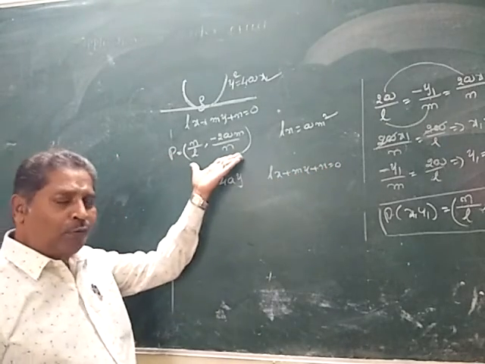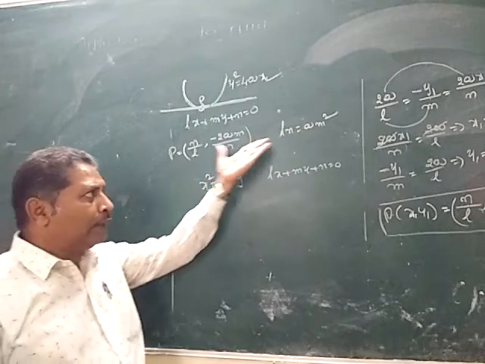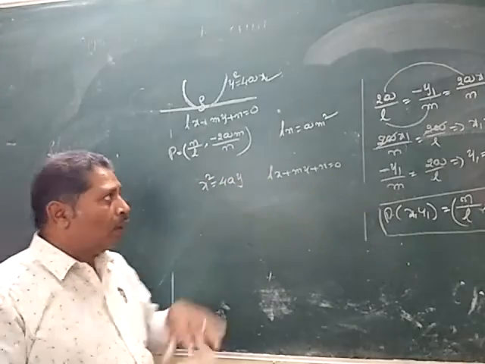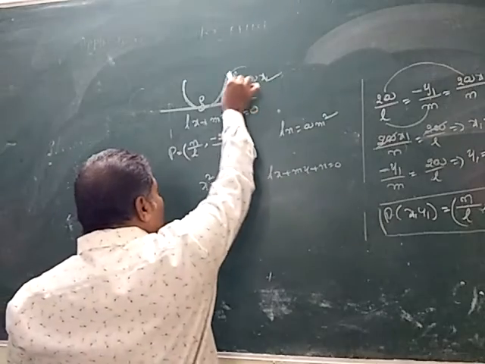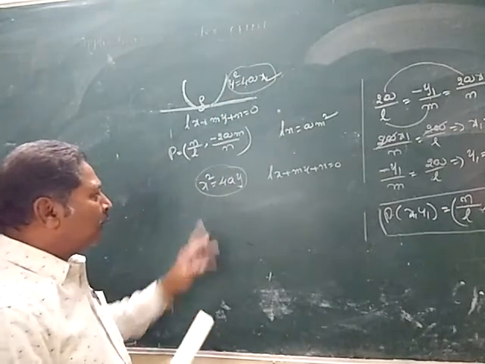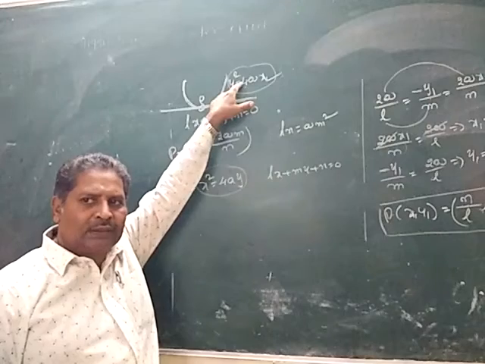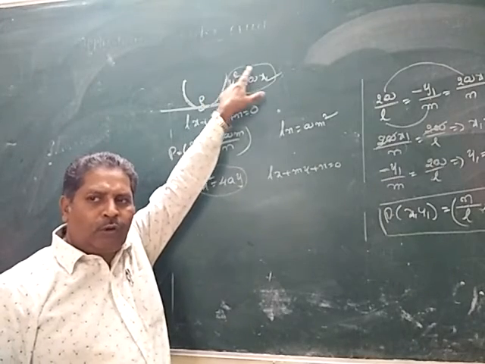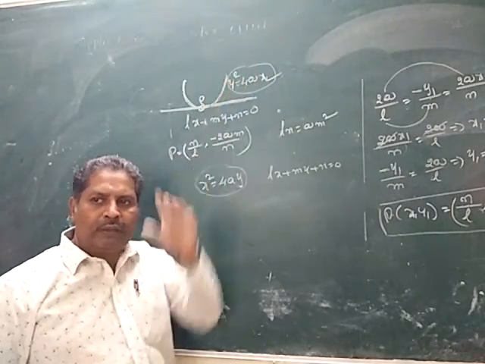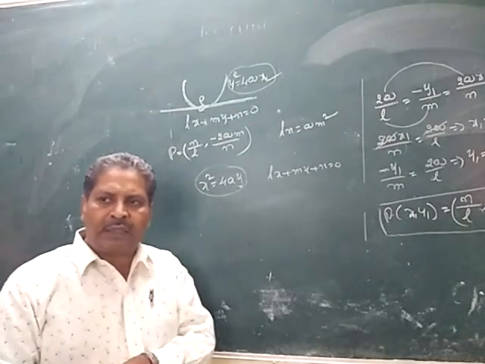What is the point of contact? What is the condition? Listen carefully. The difference between this equation and this equation is just that the x and y letters are interchanged. Y square equal to 4x, x square equal to 4ay. Just x, y letters are interchanged.